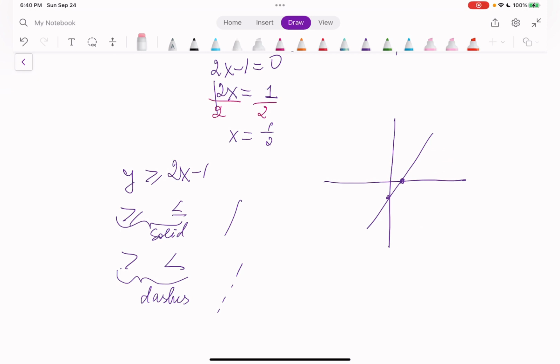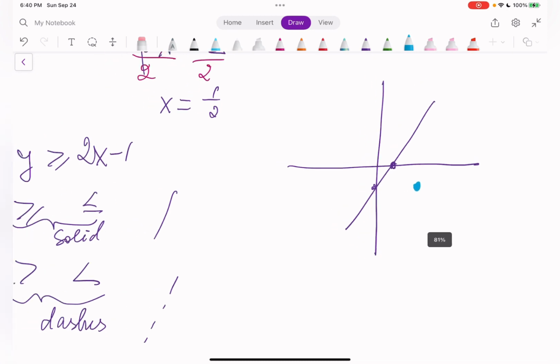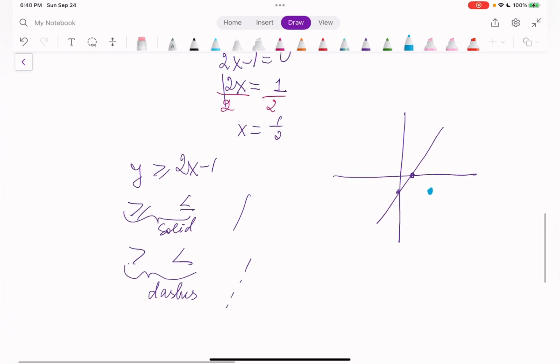If I take this point, what do I have here? This is 1 and 2, right? This is 1 for x, and this is negative 1. I took the point 2 and negative 1.